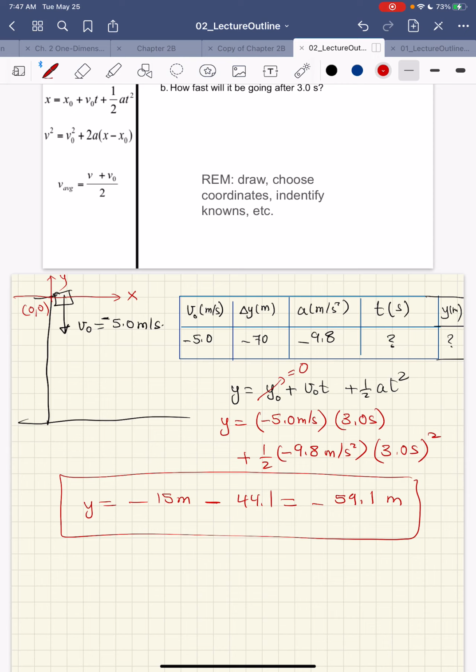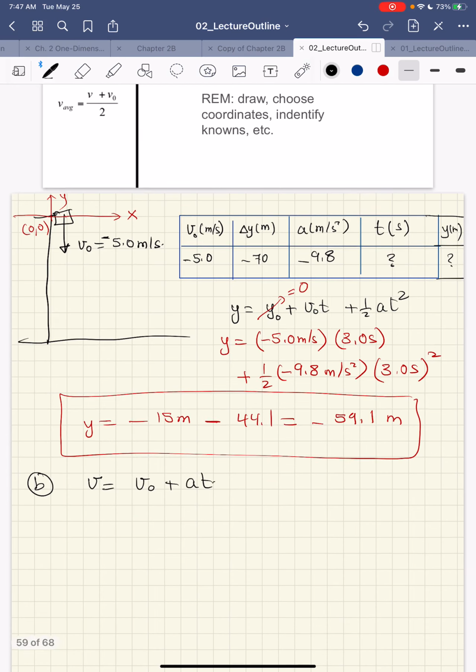Now, the second question is how fast. How fast means V equals V0 plus AT. Here I will say it is -5 initially and -9.8 times 3 seconds. There is no square here.